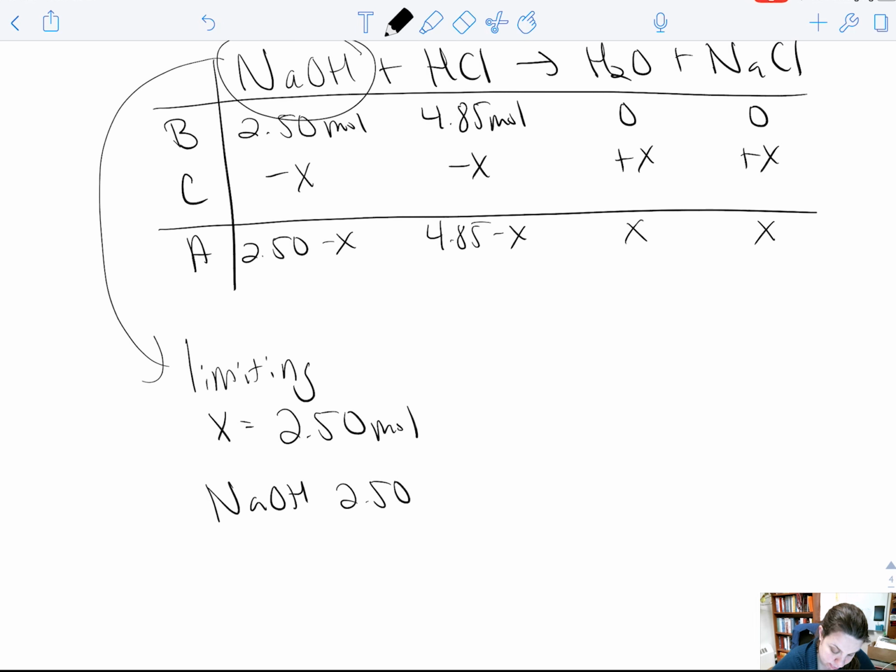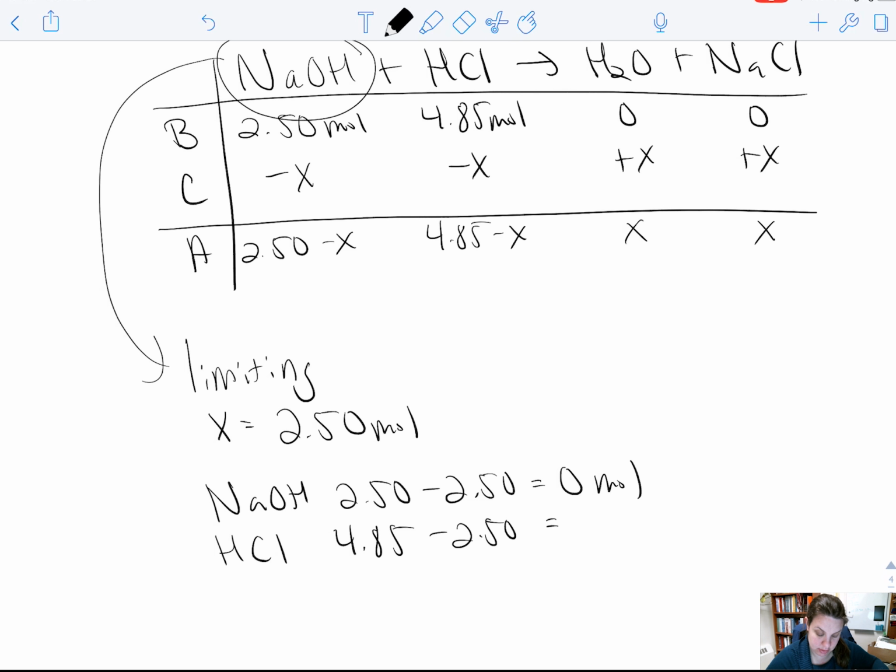So for NaOH, 2.50 minus 2.50 gives us 0 moles at the end. For HCl, 4.85 minus 2.50 gives us 2.35 moles.